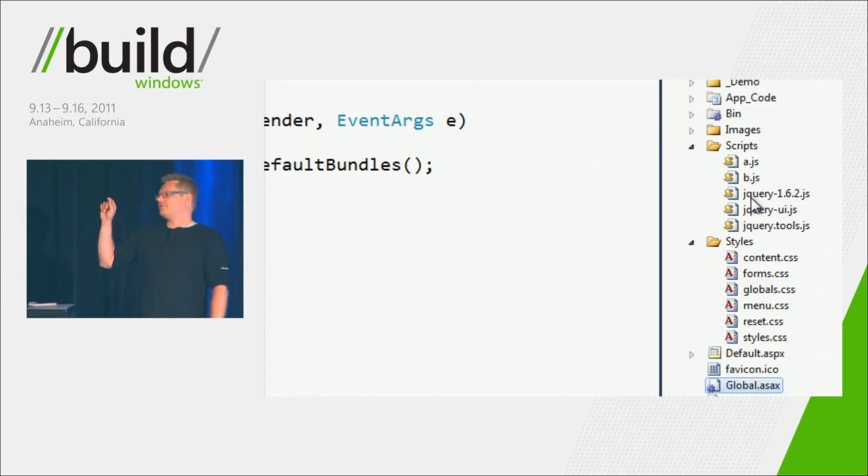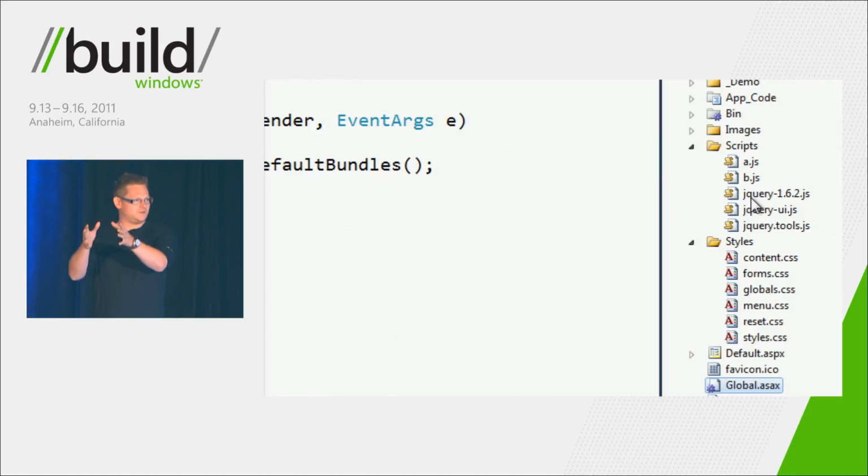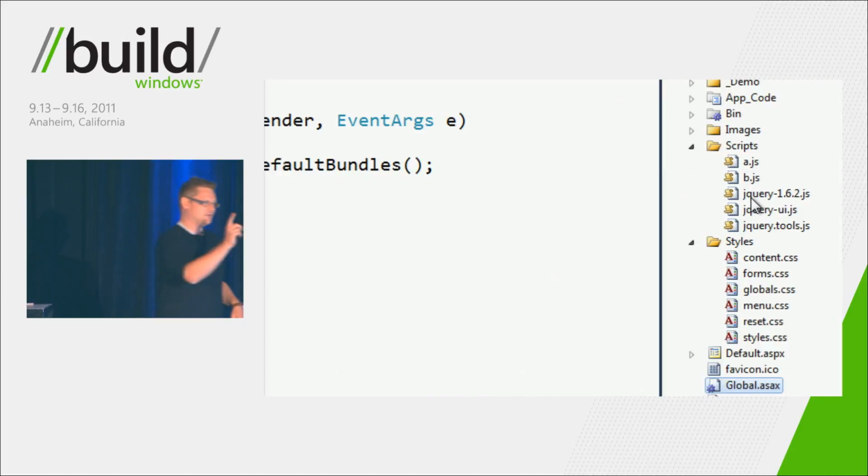So I can now reference, in this case, the scripts folder, and it will automatically take all the JavaScript files in that folder, bundle them into one file, strip all the white space, minify them a lot, and serve them as one united response. This all happens at runtime. We don't create a file on disk. It happens once, so there's no overhead, there's no file I/O that we need to do for the bundling every time. It happens once.